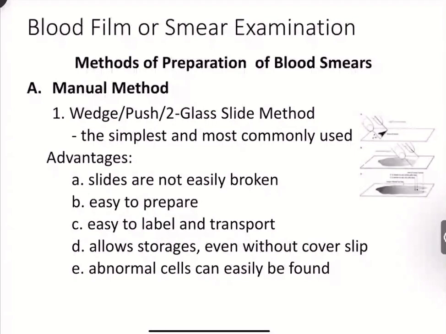Even without a cover slip, you can store it as long as it is properly dried. Then abnormal cells can easily be found because of the good distribution of the cells, because of the large area that is seen in a glass slide.